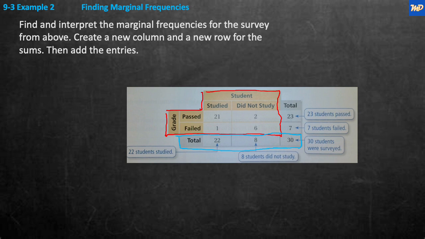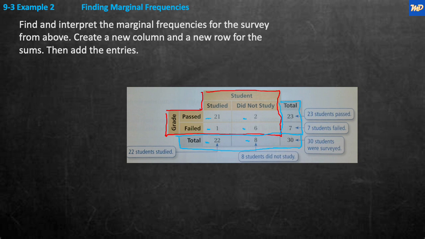Totals of the students that studied: 21 plus 1 gives you 22 total that studied. That did not study, we have 2 that passed and 6 that failed, 8 right here. 8 that did not study. And then on the other side, we have the column here, which is for the totals of the rows.